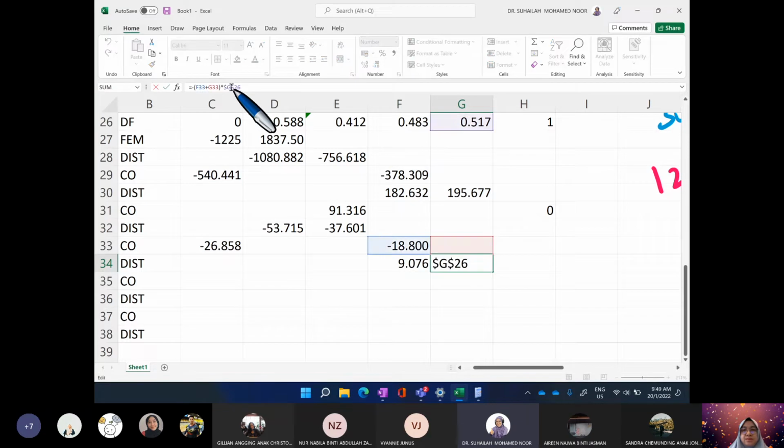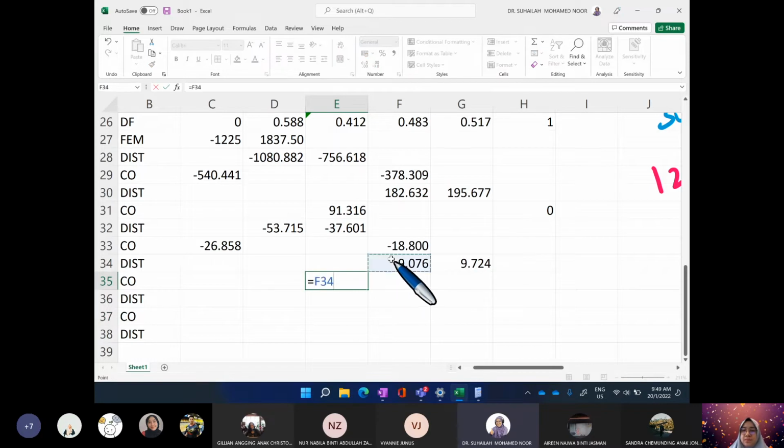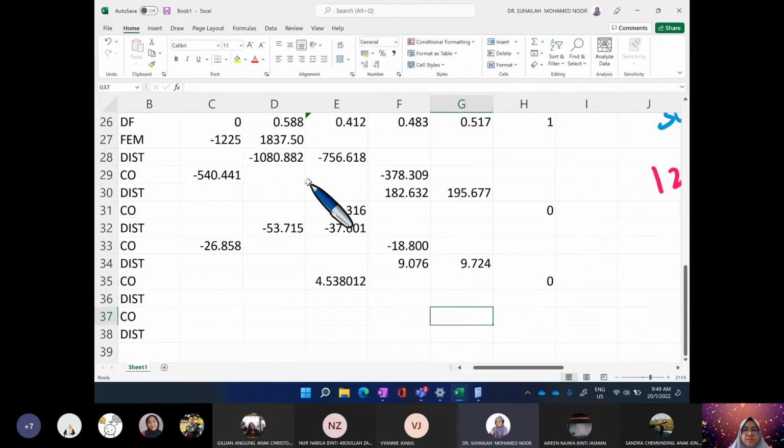Okay, it is total moment at joint times this factor, so we get this. Then we have to carry over again, this divided by 2, and this one becomes 0. Okay, repeat again the process.